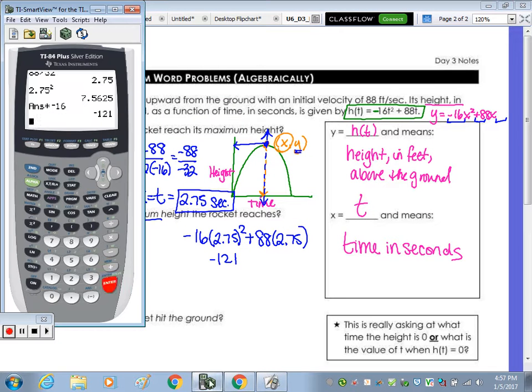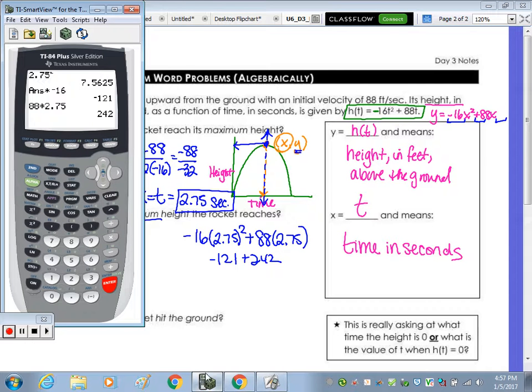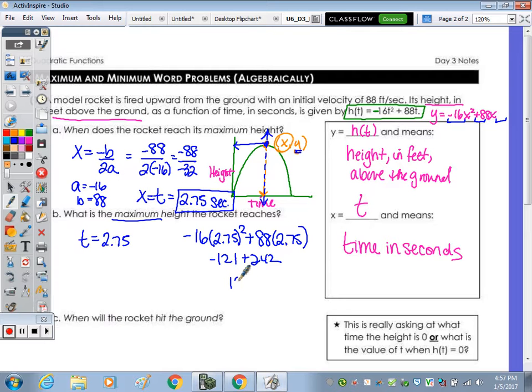And then 88 times 2.75 is 242, which if you notice is double 121, so subtract, and we get 121 feet. And then, so x was our time, and y is the height.